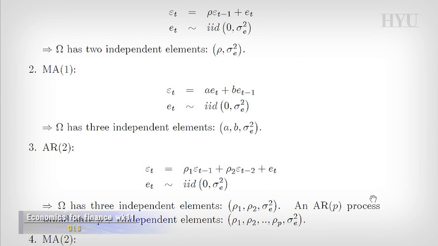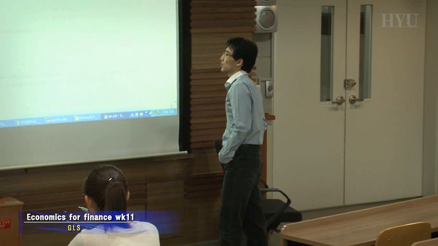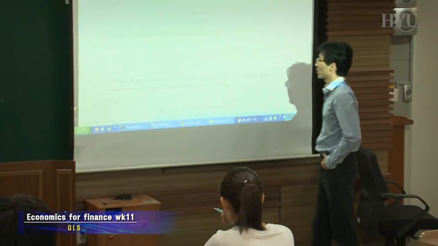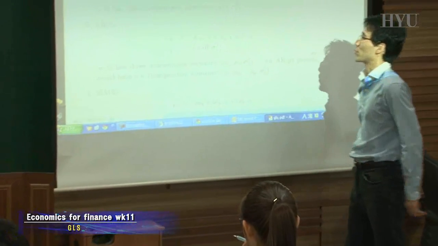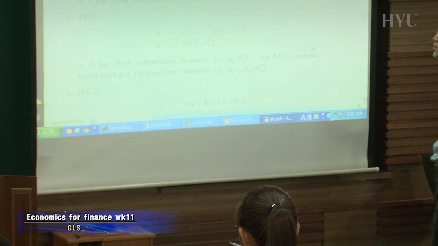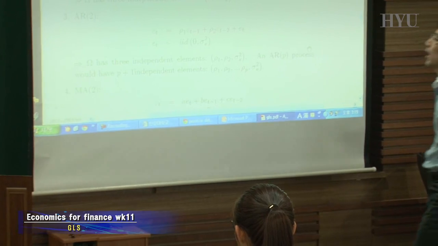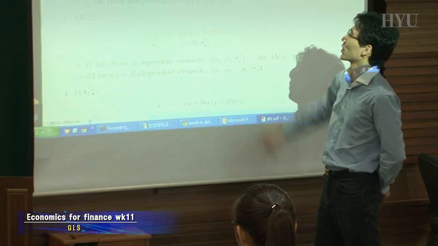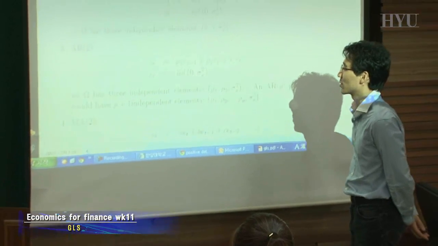The MA1 matrix is still similar. In this case, omega has 3 independent elements. If we know this one and this one and this one, we can recover this AR2 process. For the MA1 process, we have unknowns of this one and this one and this one, so again 3 independent elements.